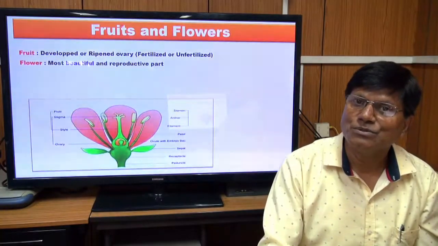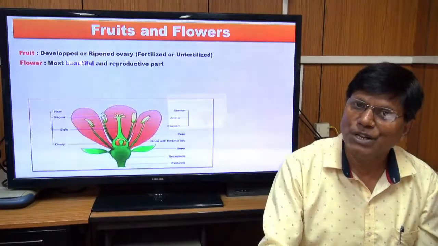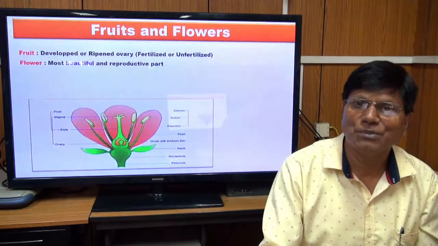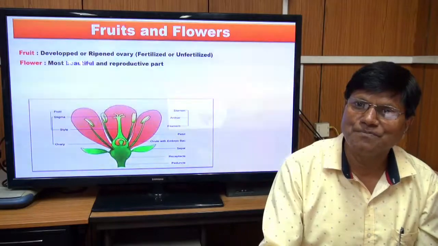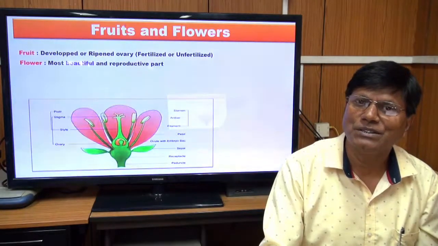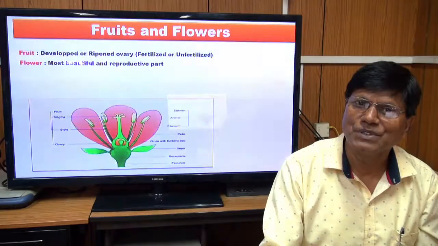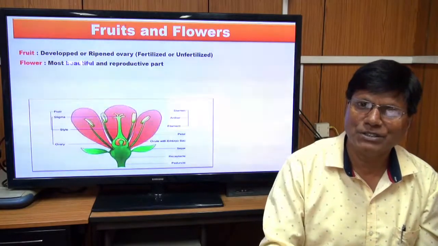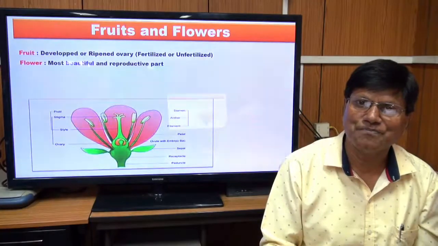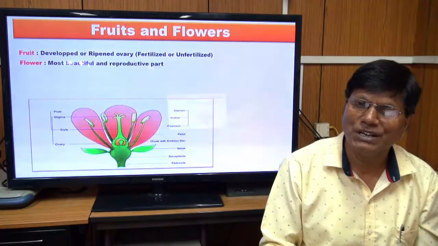Then comes the second category, male reproductive part and female reproductive part. The male reproductive part is collectively called androecium, and the female reproductive part is commonly called gynoecium. So flower is having four parts: calyx, corolla, androecium and gynoecium.